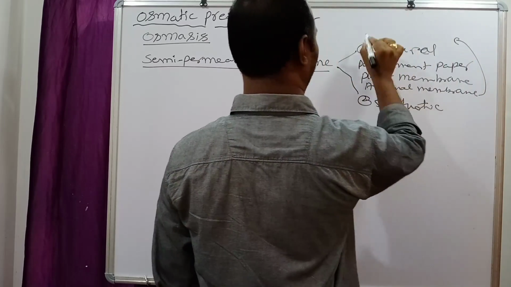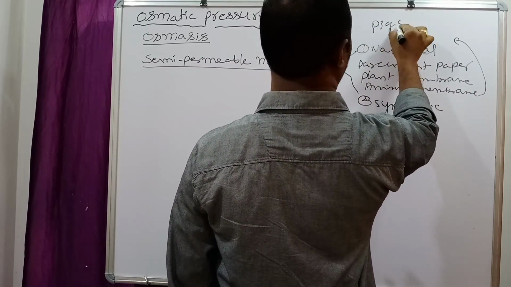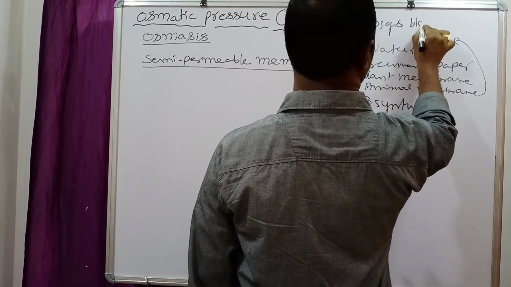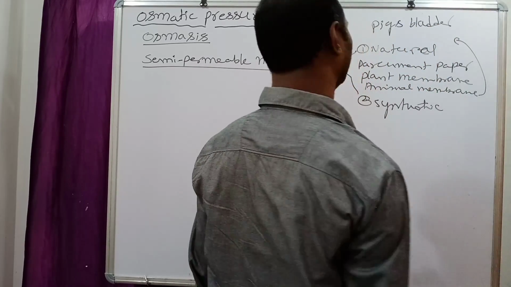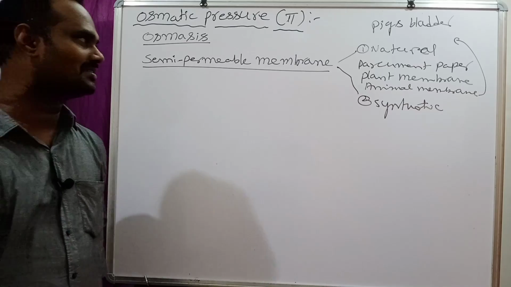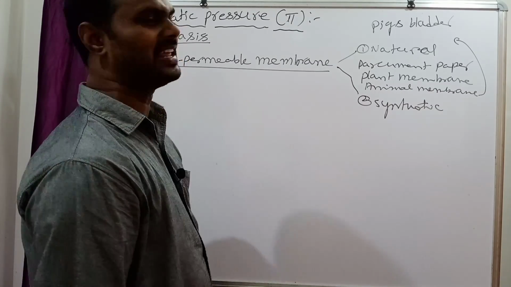The example given is pig's bladder. These are the examples for natural semi-permeable membrane.